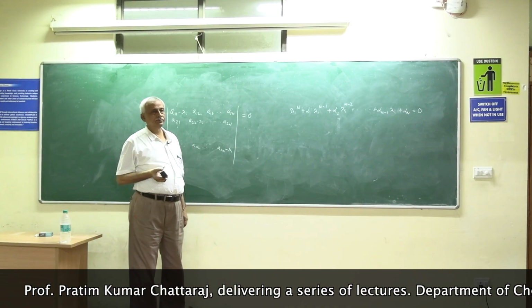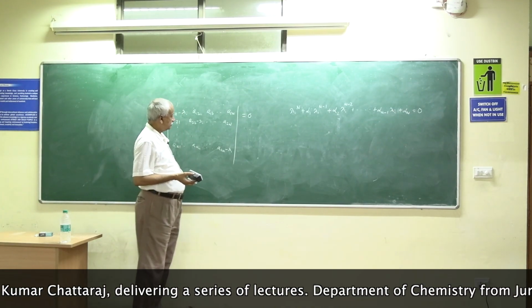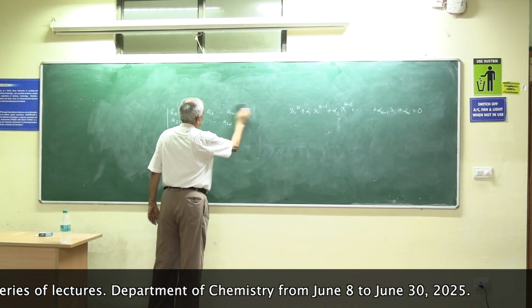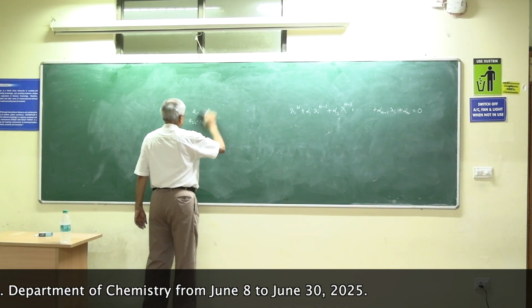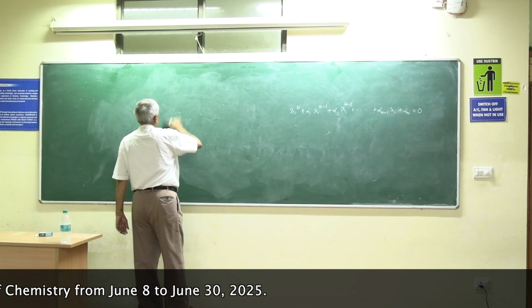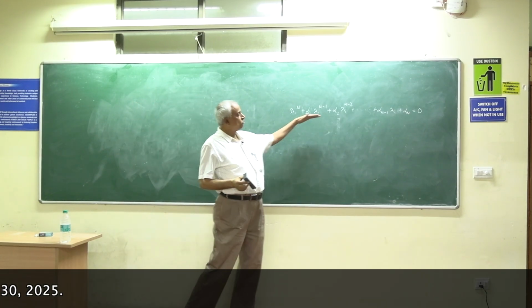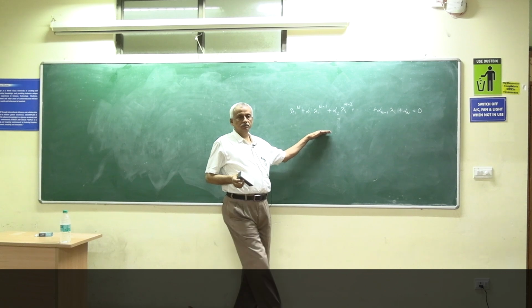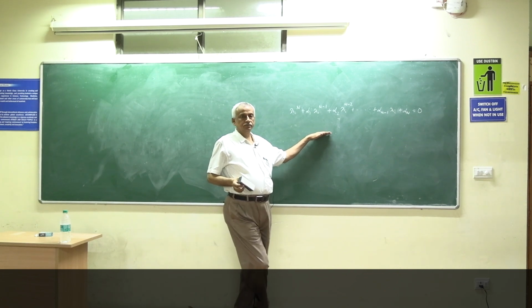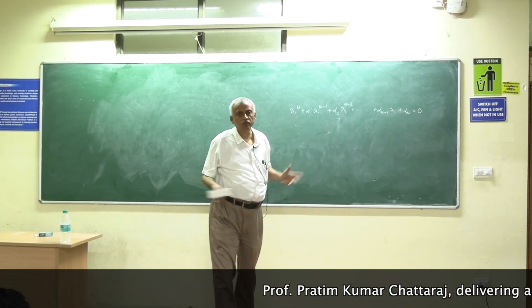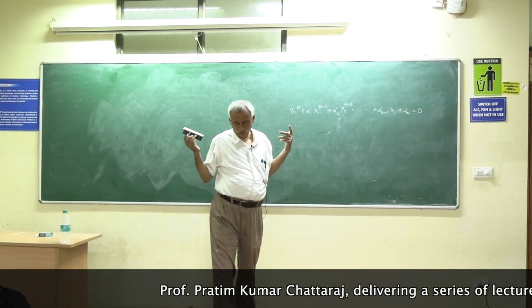Okay. Now if I solve this equation, suppose n equals 2, you get a quadratic equation, x square plus bx plus c equal to 0.